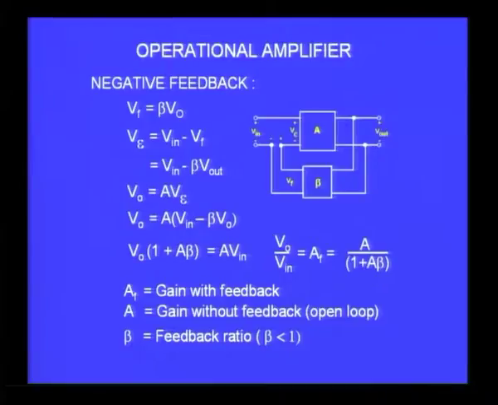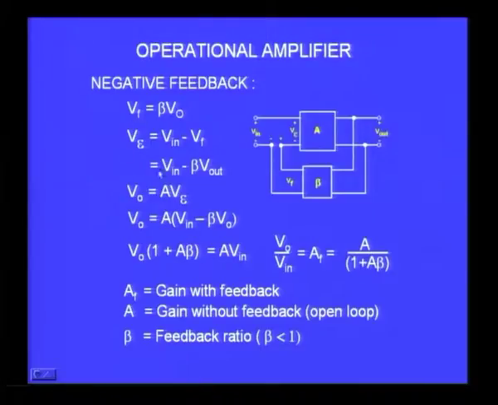We also saw in the previous lecture about negative feedback, how negative feedback is very important for control applications. In an amplifier, when we say negative feedback, what do we mean by that? We take a portion of the output voltage and feed it back at the input, and when we feed it back, we try to feed it back at opposing phase, not in phase with the input signal, and therefore it is called negative feedback.